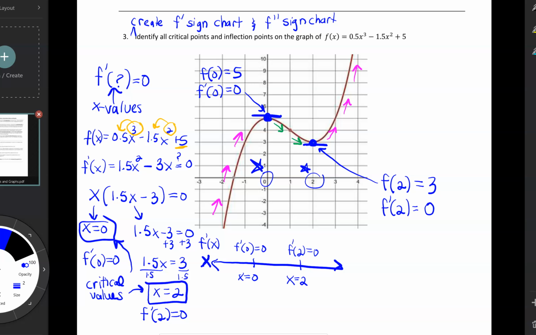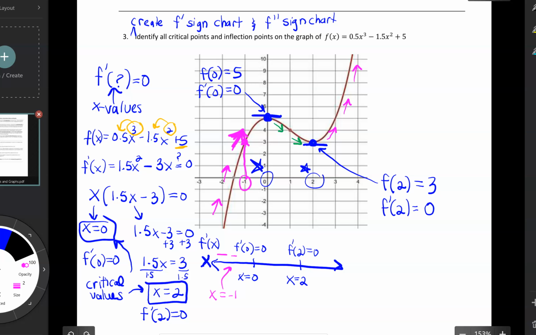And then to save us some time, instead of doing all the test points, because I know you can do the algebra, I'm just going to get the positives and negatives from my graph, and you can verify it over the weekend by doing some test points. But for example, if I tested x equals -1, if I tested this point, and I went up and I plugged it into my derivative, see how the tangent line would be pointing up?